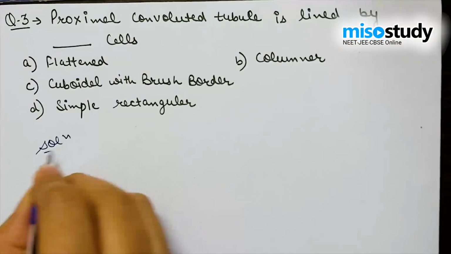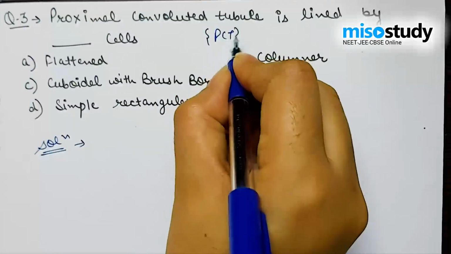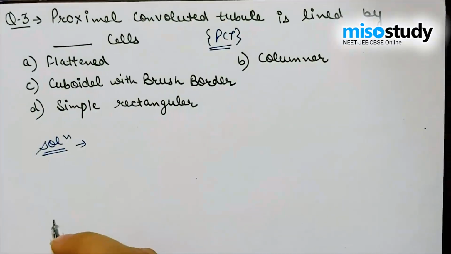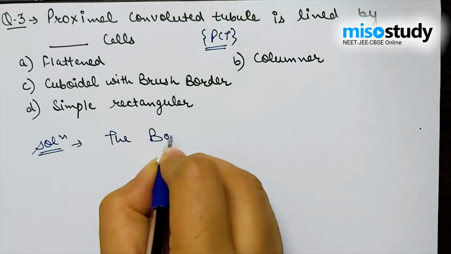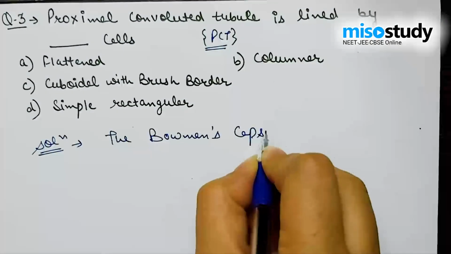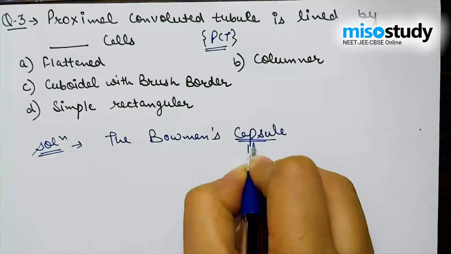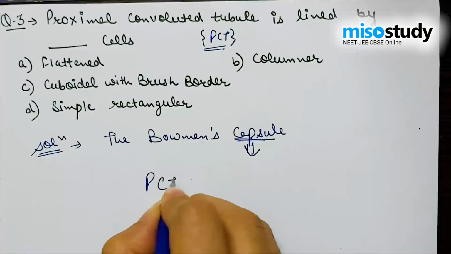When we discuss the proximal convoluted tubule, abbreviated as PCT, we all know that the Bowman's capsule leads into the PCT.